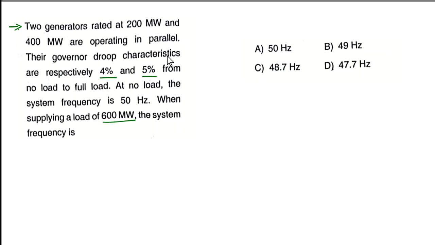Now I am going to discuss the solution for this GATE question. I already discussed this question in my previous AE papers. Now what is the solution? Let us assume there are two generators, P1 and P2. P1, which is 200 megawatts, is equal to x divided by 4 (the droop percentage), so x into 50 is equal to P1.